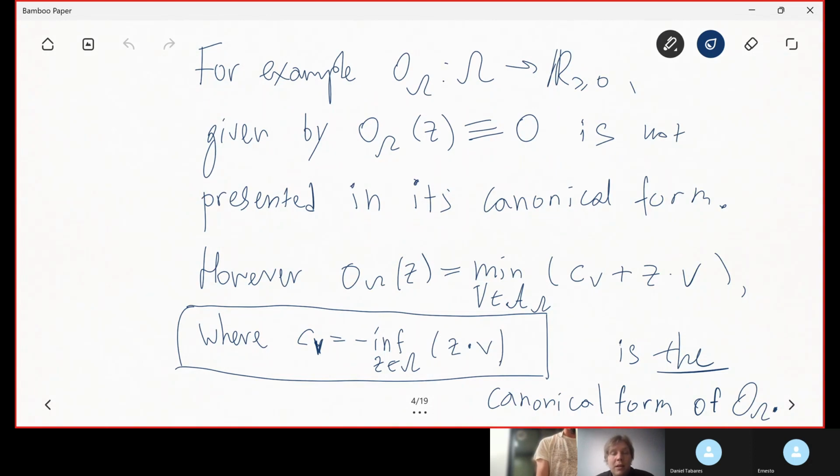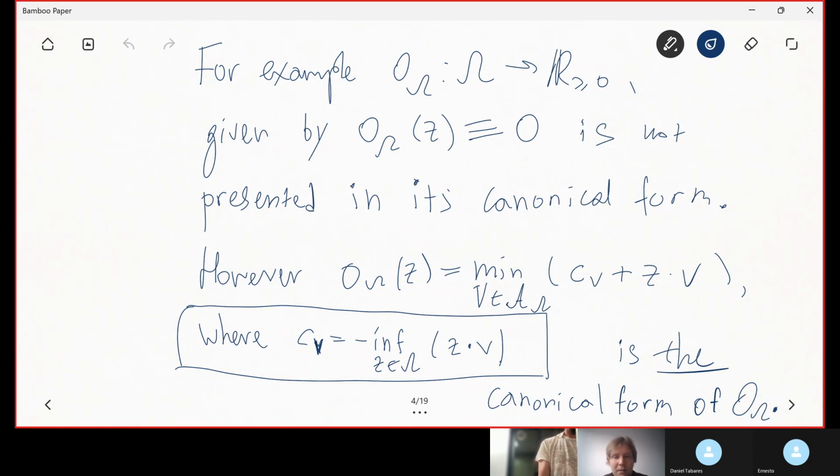The most silly and the most fundamental omega tropical series is just identical 0. When you write it like this, O omega of Z equals 0, it is not a canonical form, because you don't see all the possible monomials contributing there. The canonical form is what is written below.